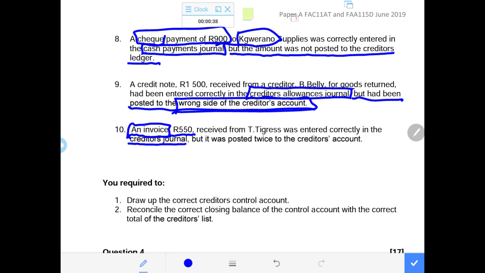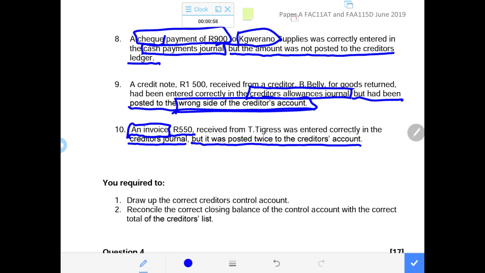We are referring to the 550 rand. Then it further says that it was posted twice on the creditors account, meaning in the list of creditors, this was recorded twice. So now how do we deal with the twice recording?